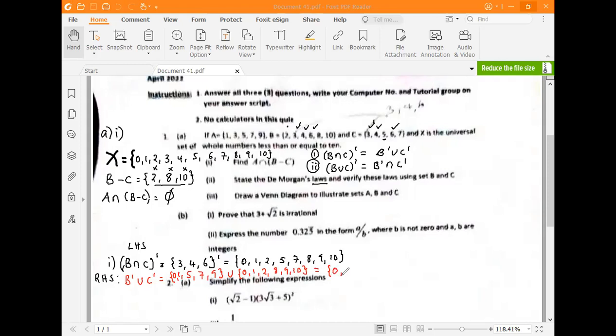We have 0, 1, 2, 5, 7, 8, 9, 10. And as we can see, the left hand side is equal to the right hand side. Fine. Have we seen?